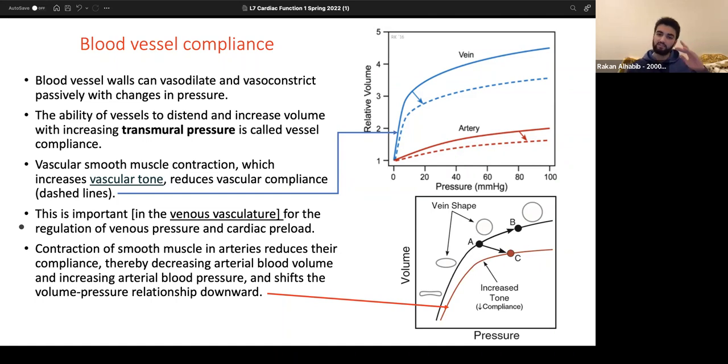If I add 1 liter of blood into the veins, it will cause a 0.5 increase in pressure, due to the fact that the arteries cannot dilate and are not as compliant as the veins. That's it. Clear? I can repeat this, I don't mind, but please tell me if you don't understand it.